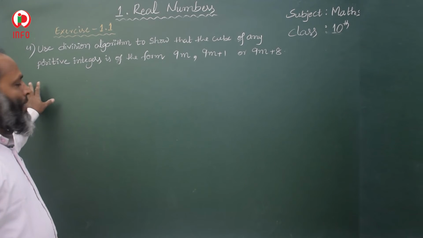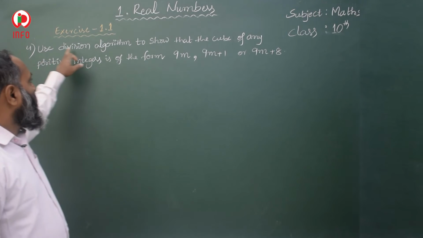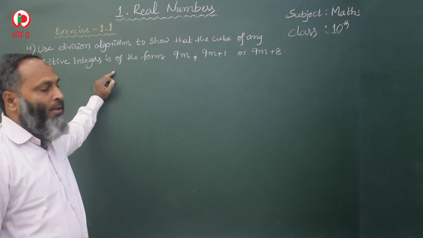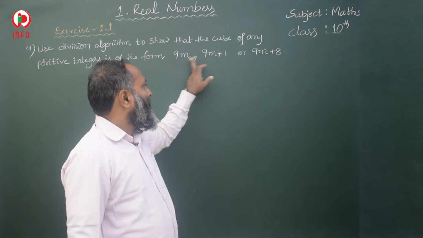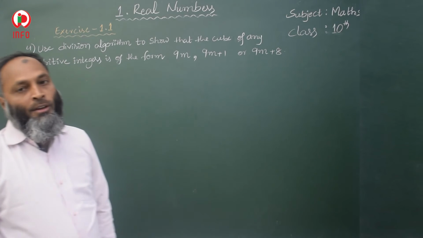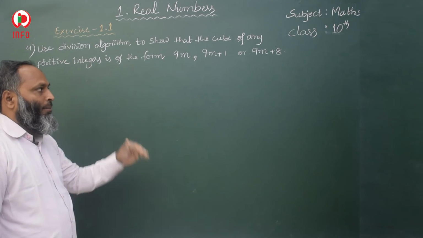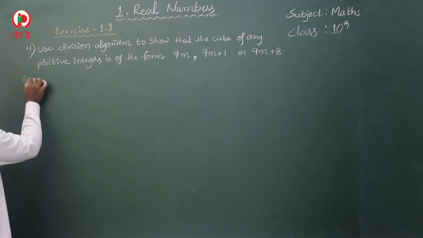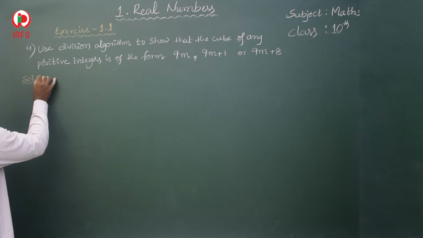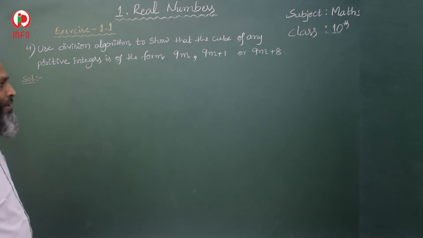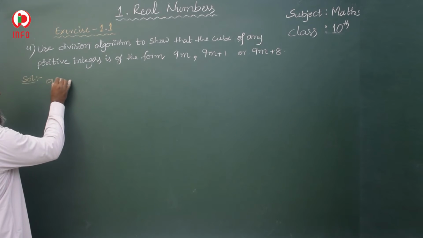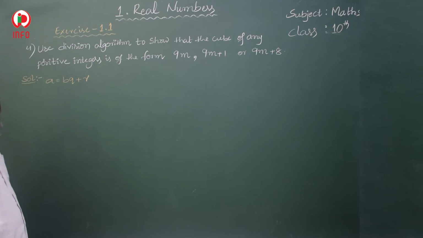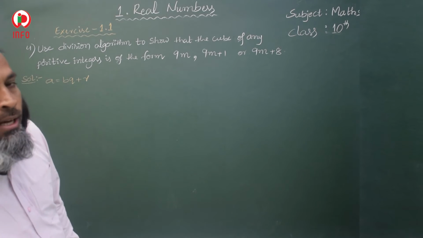Now, the next question, see here. Use division algorithm to show that the cubes of any positive integer are of the form 9m, 9m + 1 and 9m + 8. Solution: according to Euclid's division lemma, a = bq + r.